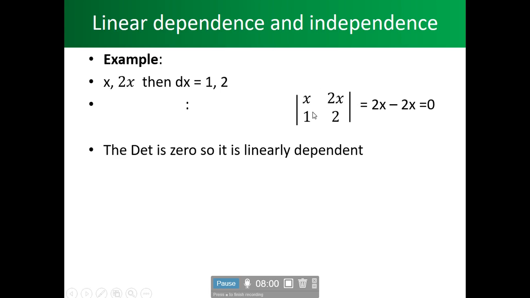If you have 3 of them, then you have to take 2 more derivatives. It just keeps on going, up to n. So if we multiply x times 2, you get 2x. You multiply 1 times 2x, you get a minus 2x. So 2x minus 2x is 0. So this says this determinant is 0. It is singular, and it is linearly dependent.